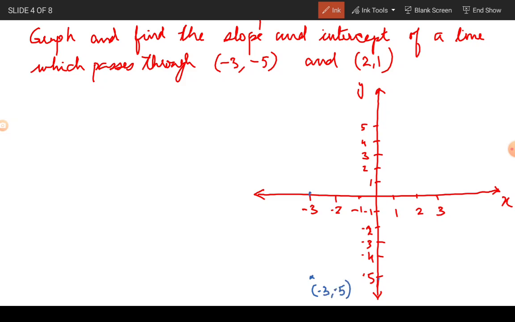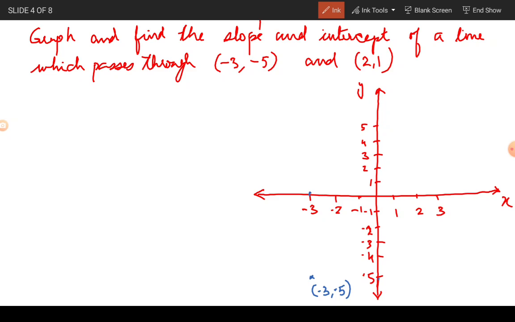Now please ensure that you're using a ruler to plot these graphs, and also ensure that the scale for points 1, 2, 3, 4, 5 and so on is properly measured so that you have equal gaps between 1 and 2, 2 and 3 and so on.